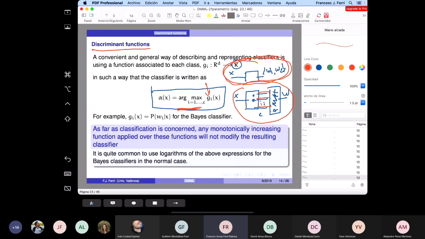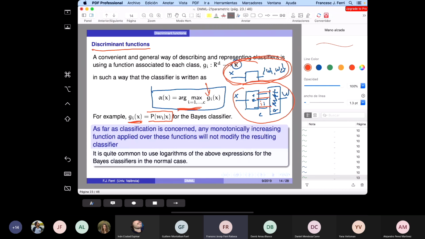And now we know a first example, because in the Bayes classifier the posterior corresponds to the discriminant function. So we are going to extend this scheme not only for the Bayes classifier, but for a large number of different classifiers.